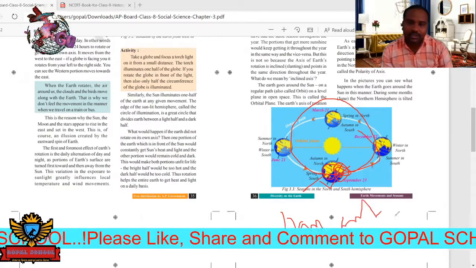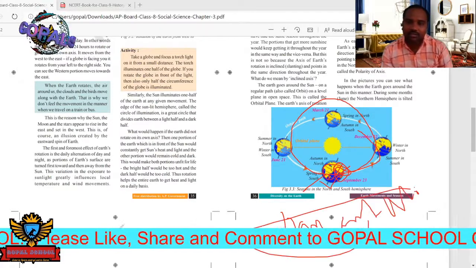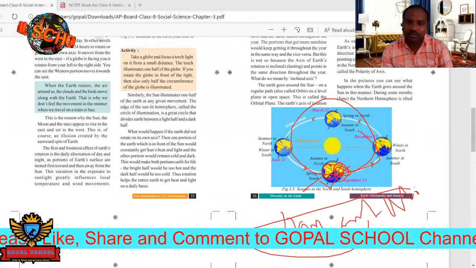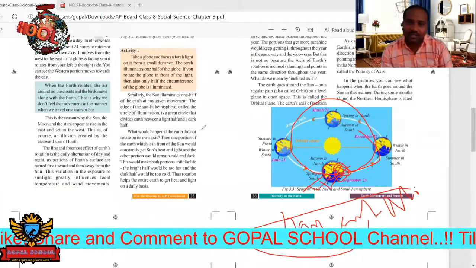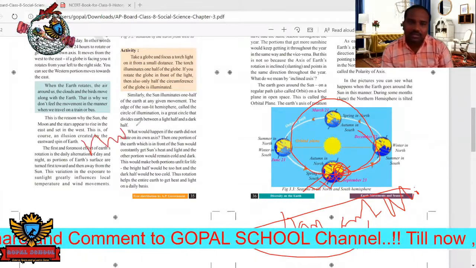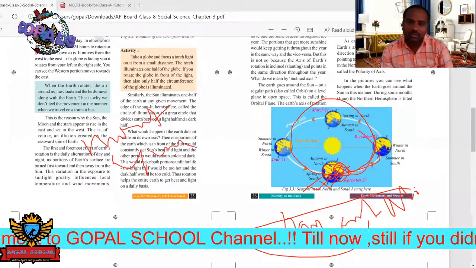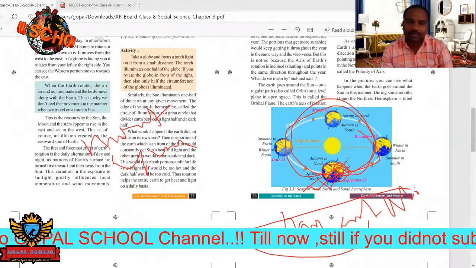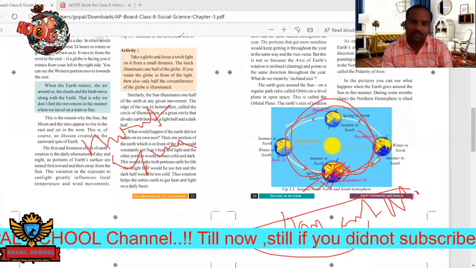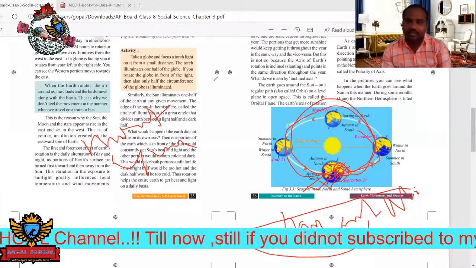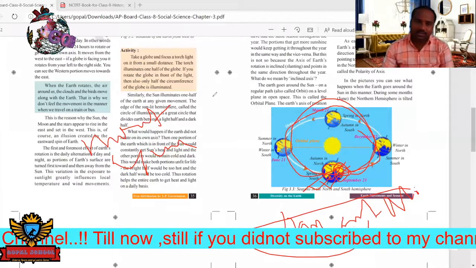So day and night are caused because of the rotation of the earth. Next, the months and years are obtained because of the total revolution around the sun. Okay, in this way we are getting the seasons.